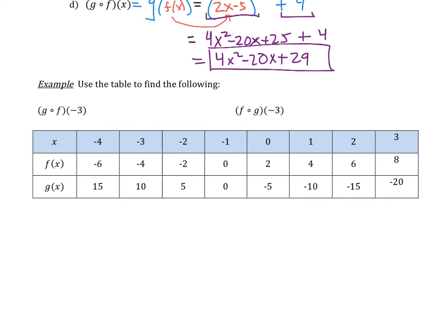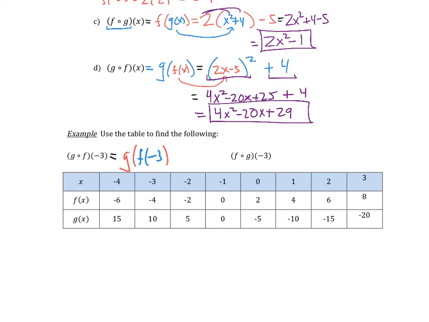All right? So we want to find out what these are. g of f of negative 3. Well, let's write that out. That means we want g of f of negative 3. So f of negative 3, we're going to take negative 3, put into f.